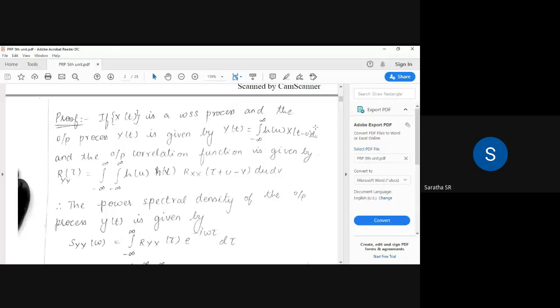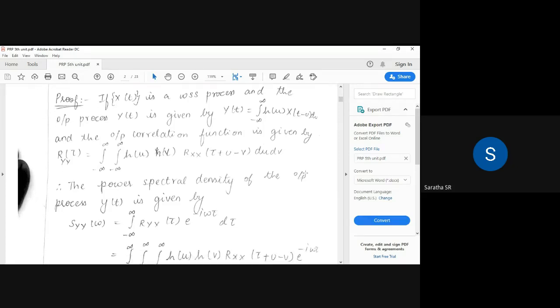Then we apply expectation, which is based only on X. So we have E of X(t minus u) X(t plus tau minus v). Taking the difference, we get R_xx(tau plus u minus v) du dv. Multiply and then take expectation, and we get this R_yy(tau).